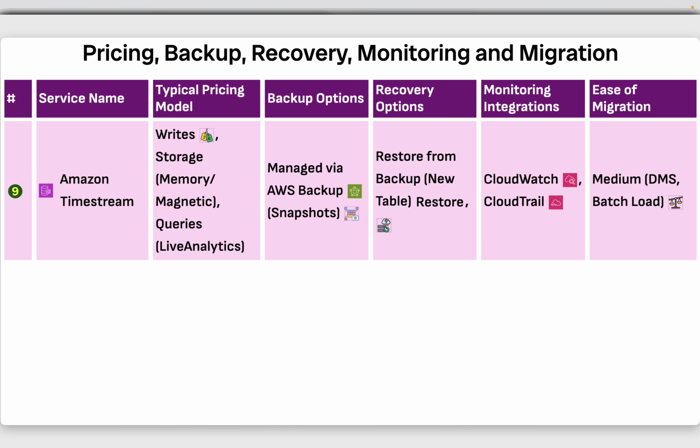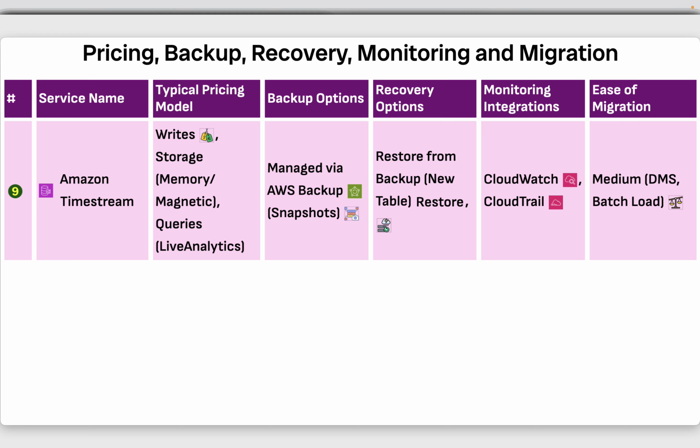Then comes Amazon Timestream. So the typical pricing model depends on how much data you write, storage, which is basically memory, and whether it's magnetic or SSD, and how many queries. Timestream also has a live analytics version, which will be based on how much querying is being done.